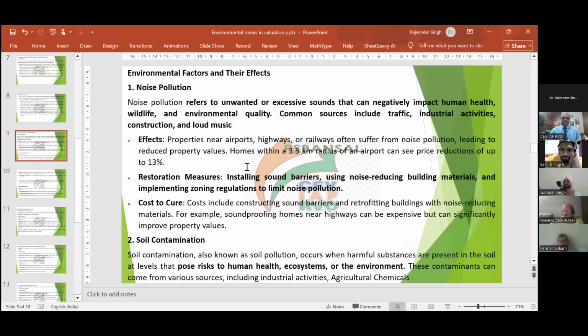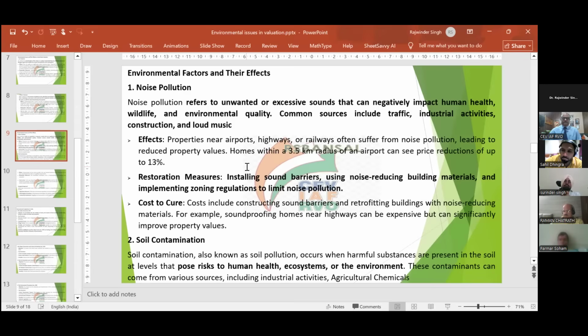And then another important environmental factor is soil contamination. Soil contamination, also known as soil pollution, occurs when harmful substances are present in soil at a level that poses risk to human health, ecosystem, or environment.